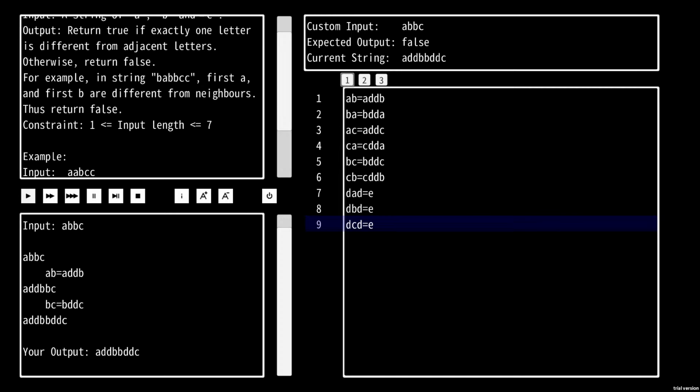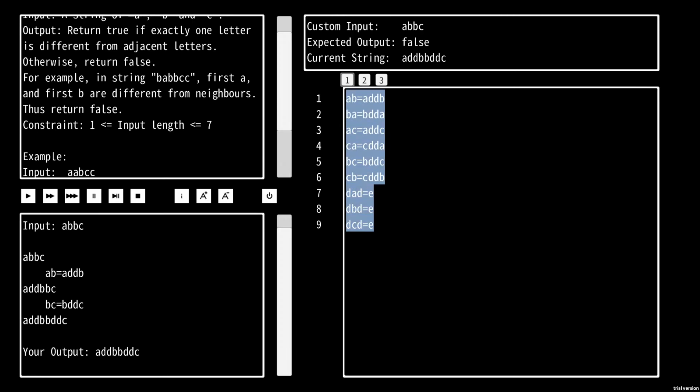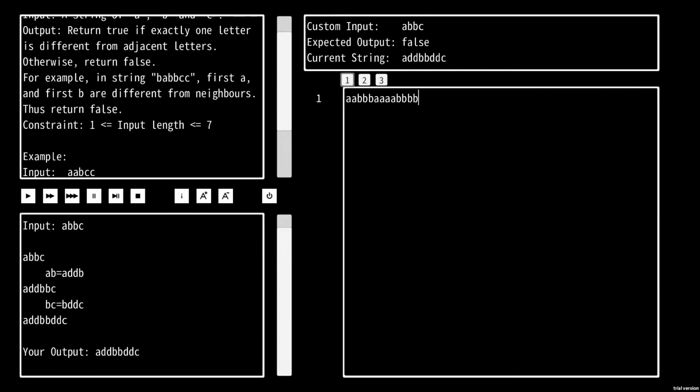Okay, wait. Crazy idea. Maybe I can reduce this to a string of A's and B's, right? The idea being, if there's a change, I can reduce it. So we have A, B. That's fine. BA is fine.